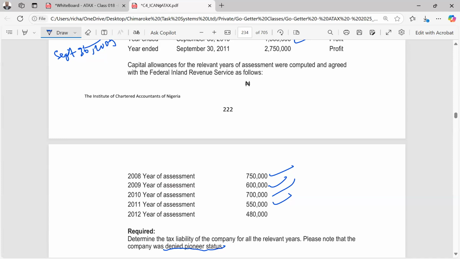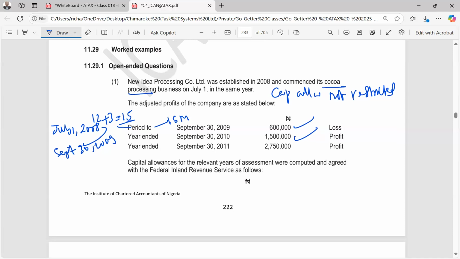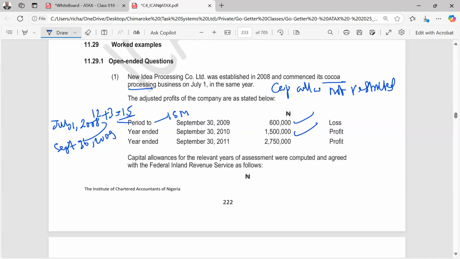They told us also that this is pre-Finance Act 2019. So in that period, what they normally do is that the year the business commenced becomes the first year. So it means your first year of assessment is going to be 2008.